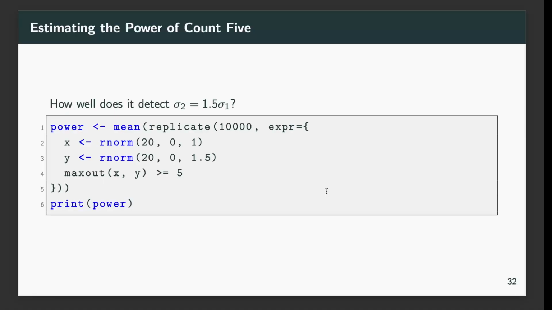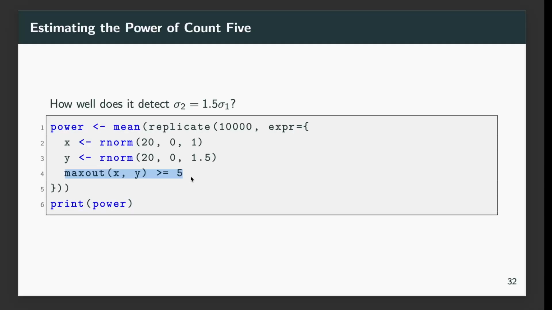We compute this with 10,000 replications. So this is x, this is y, where y has a standard deviation of 1.5, and then again we compute whether the max out is larger than 5. We want to compute how many of them are, so the mean of these indicators would be the estimated power.